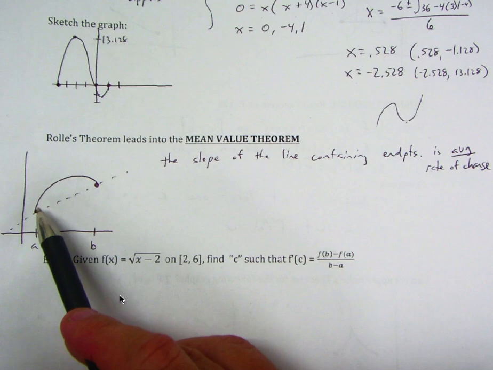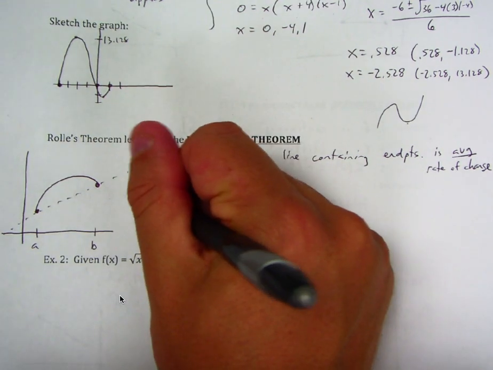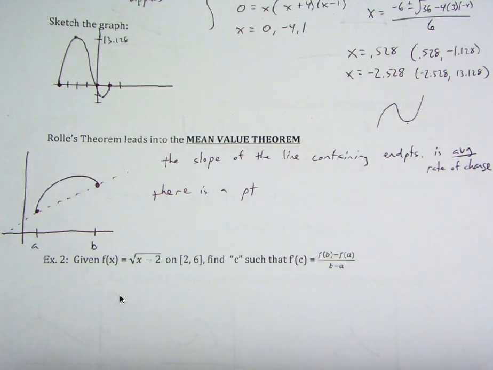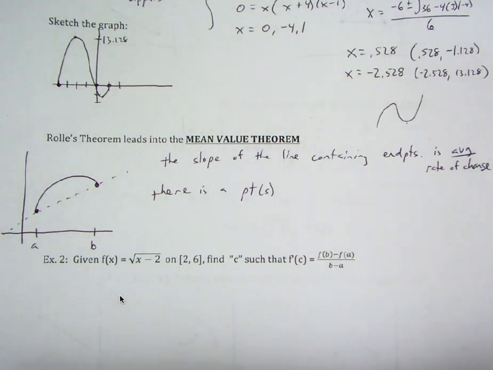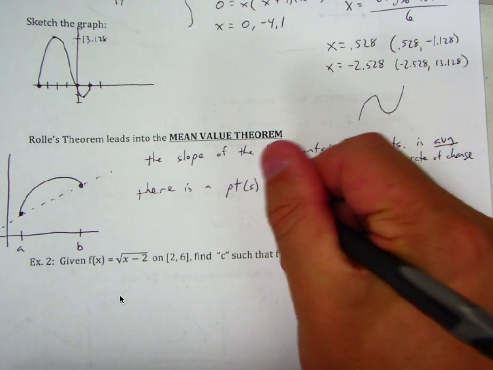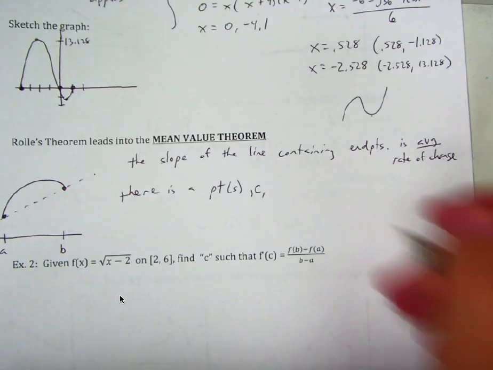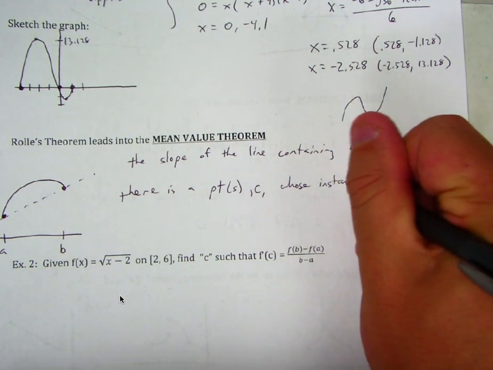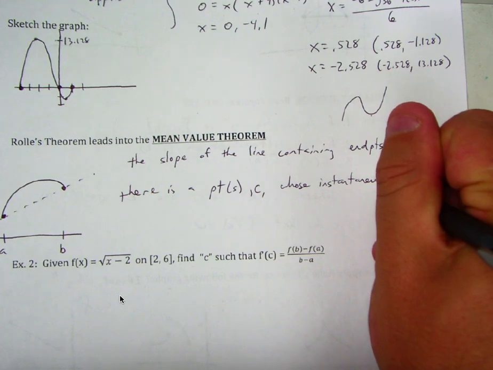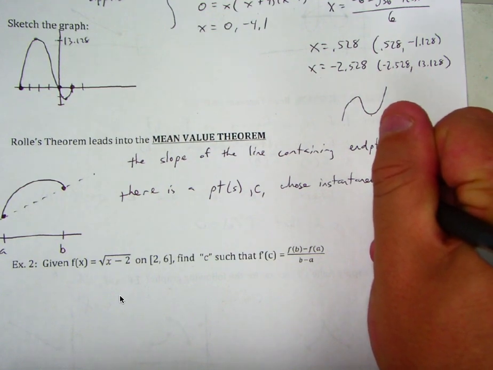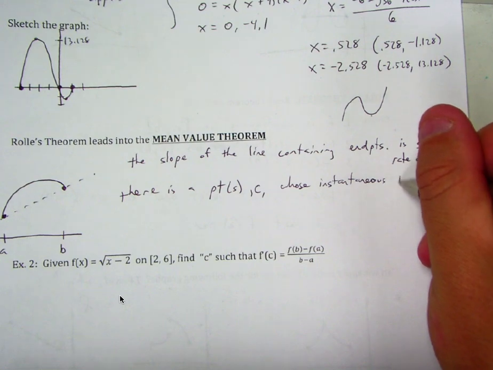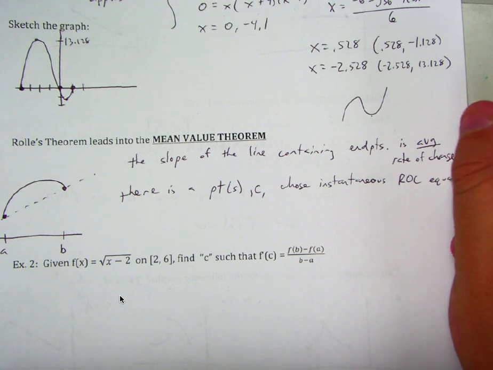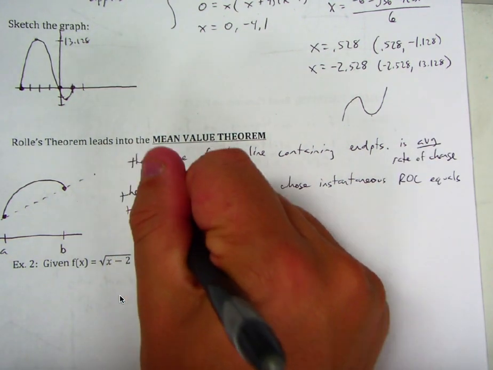If you have a continuous differentiable function, there is a point, or points, it just says there's at least one, we'll call that c, whose instantaneous rate of change equals the average rate of change.